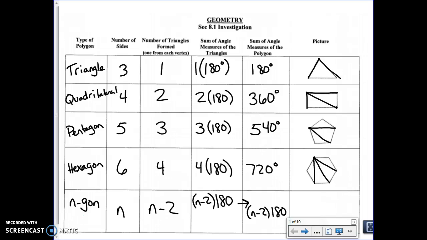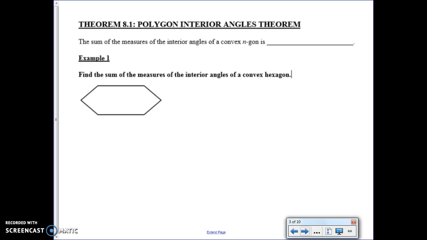All right, so let's see how we're going to use this. It says the sum of the measures of the interior angles of a convex polygon is, and that's the rule we just developed, n minus 2 times 180. So our first example says find the sum of the measures of the interior angles of a convex hexagon.